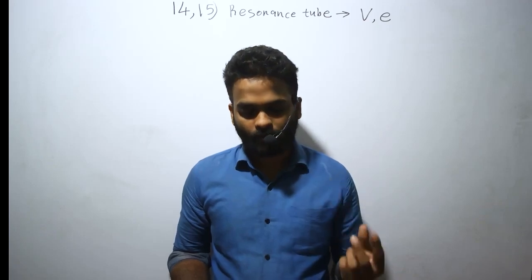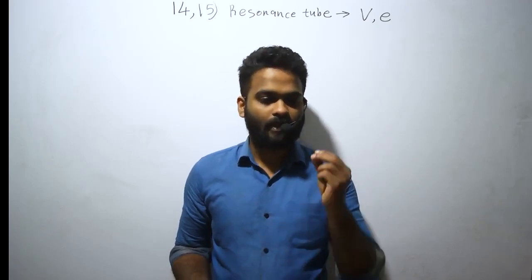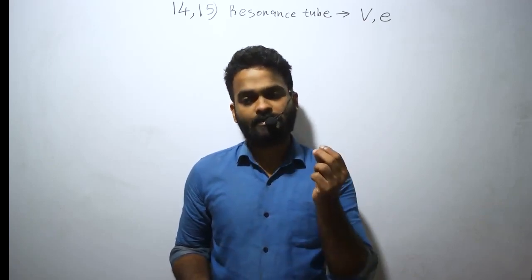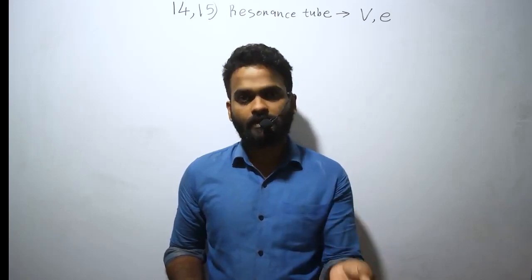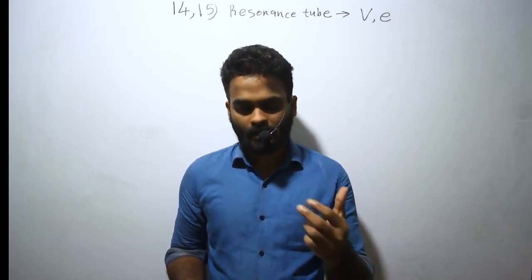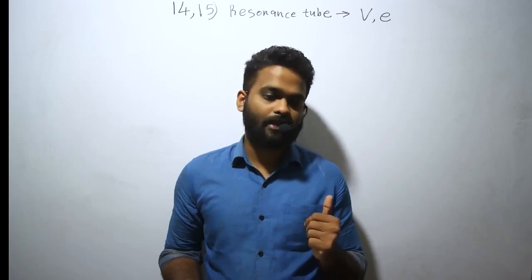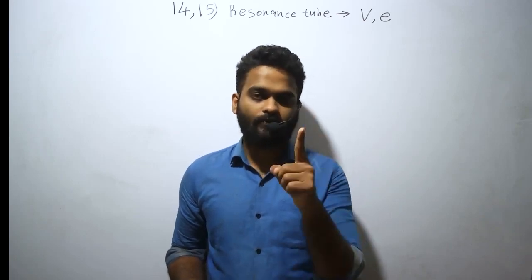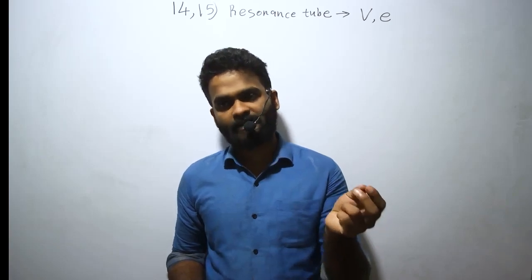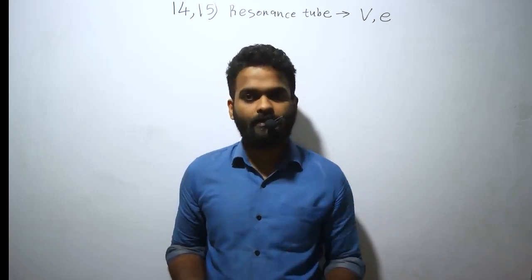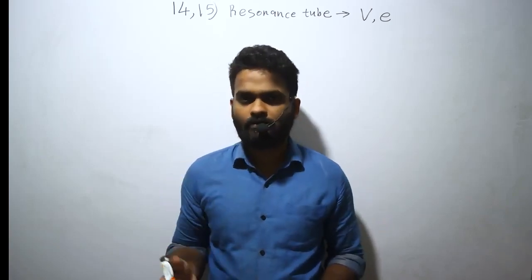Both the 14th and 15th experiments, we are going to find the same thing: the velocity of sound, then end correction. For the 14th experiment, we will be using just one fork, and by a direct calculation we can find the velocity of sound.